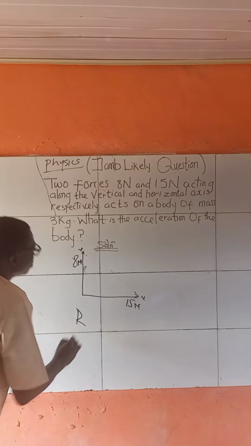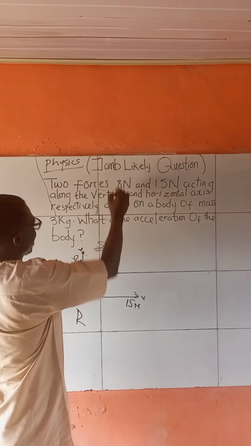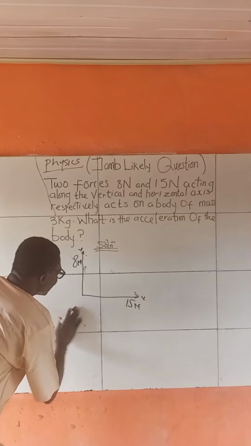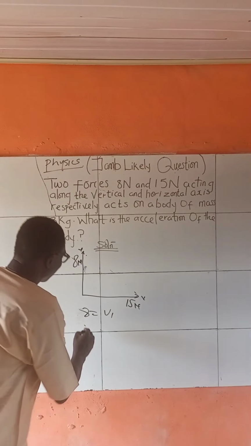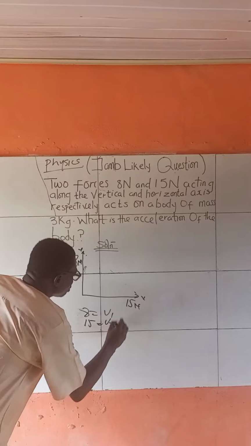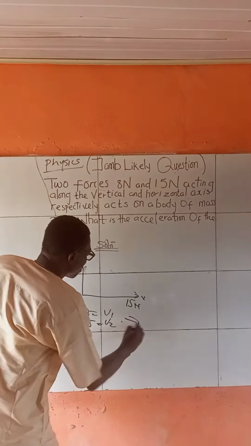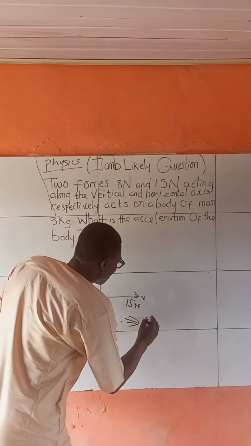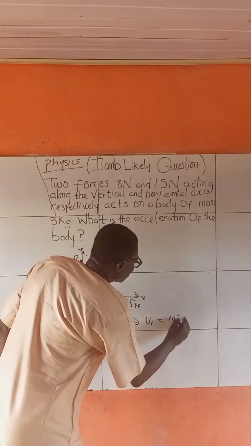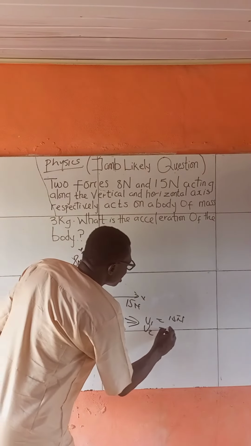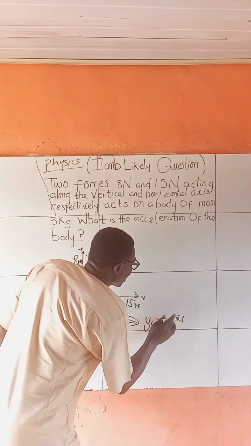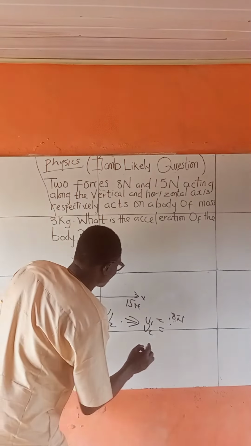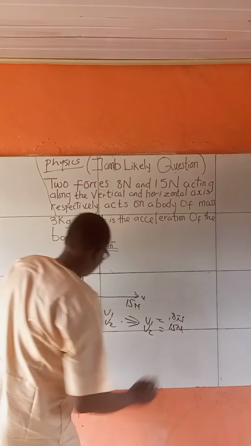Now, my 8 is my V1 and 15 is my V2. In other words, V1 is equal to 8 Newton and V2 equals 15 Newton.